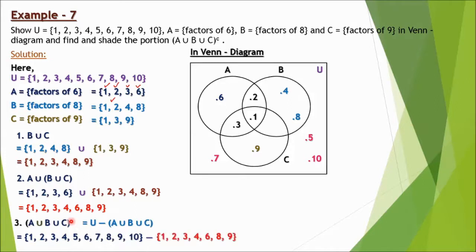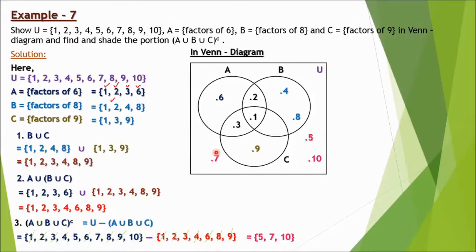Now let's cancel those elements which are common in both. 1 is common in both, 2 is common in both, 3 is common in both, 4 is common, 5 no, 6, 8 is common, not 7, 9 is common, not 10. Okay, let's write those elements: 5, 7 and 10. You can see with a pink color 5, 7 and 10.